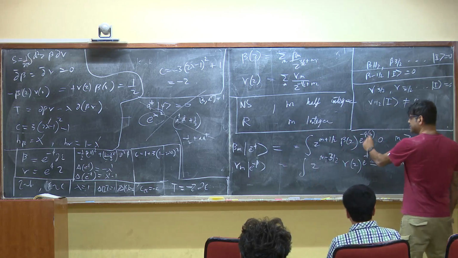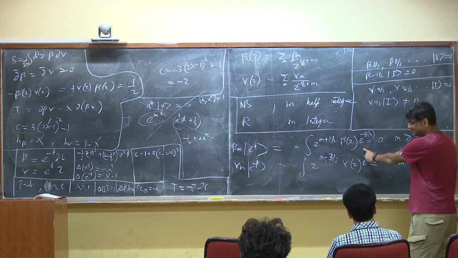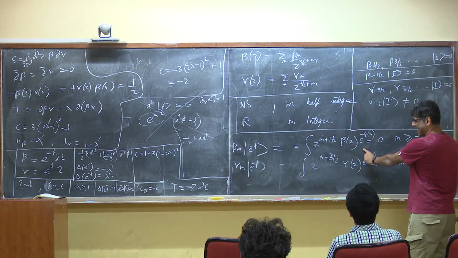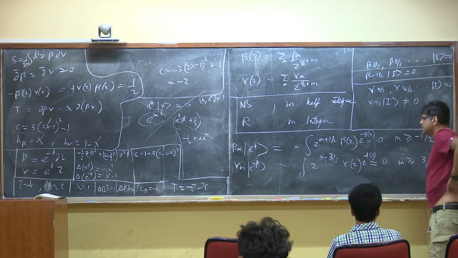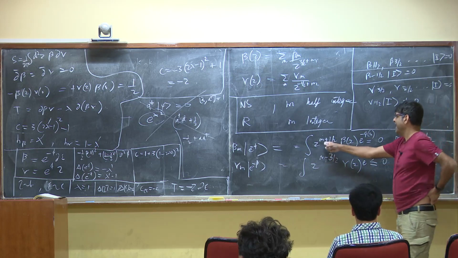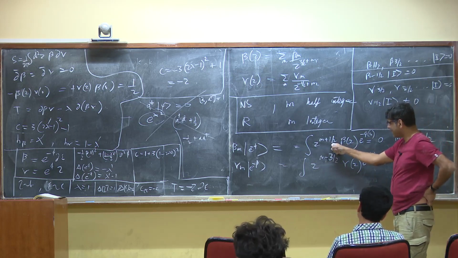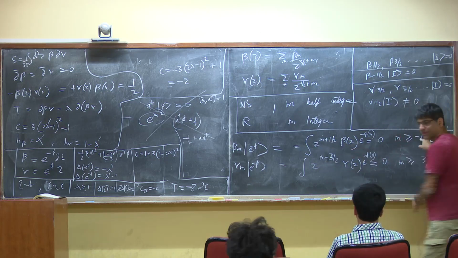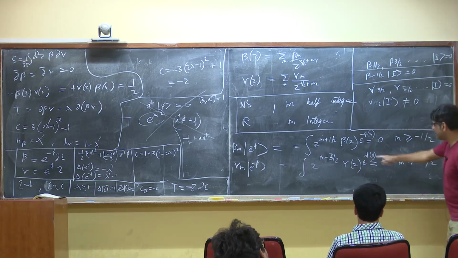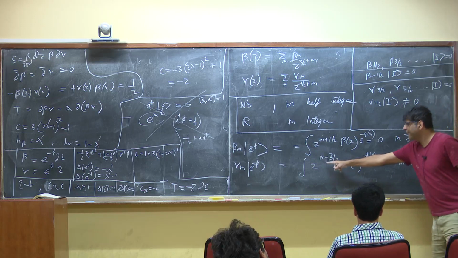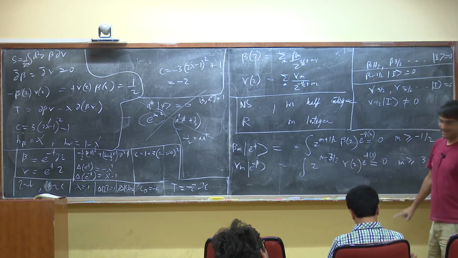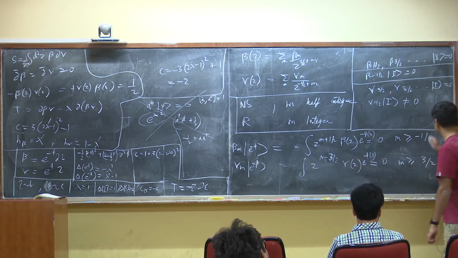Now we will get an additional 1 by z. Okay? So now this will become m minus half, and for m greater than or equal to half it will work.